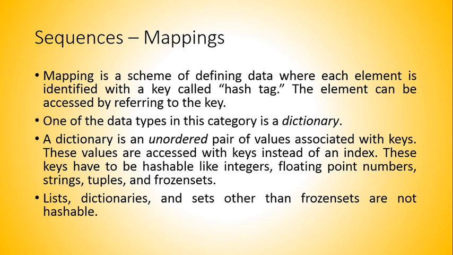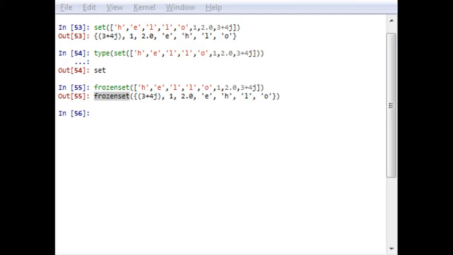Once again, I am repeating this point: the keys have to be hashable, and lists, dictionaries, and sets are not hashable. It is confusing, I know, but when we go through other examples, you will also understand it.